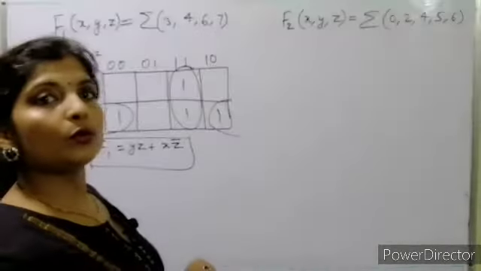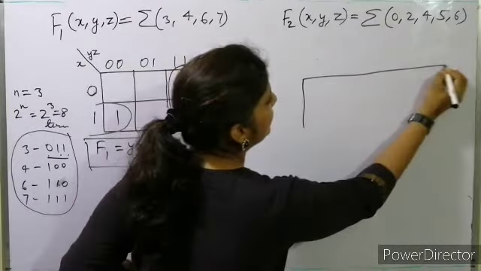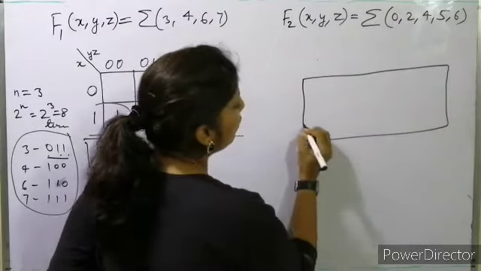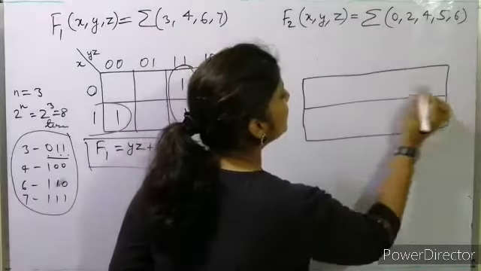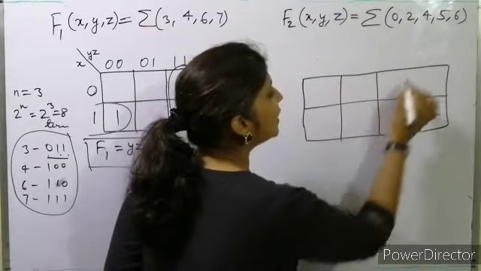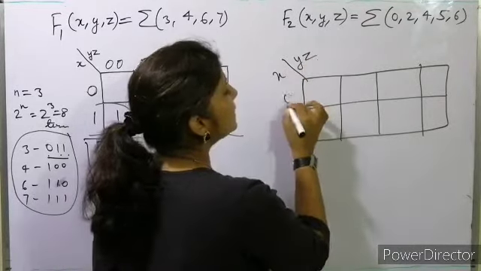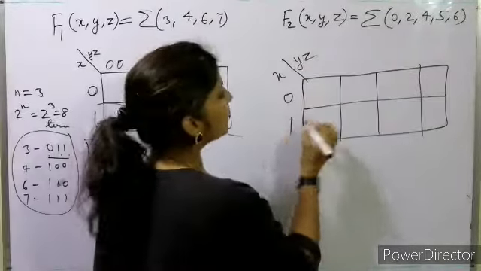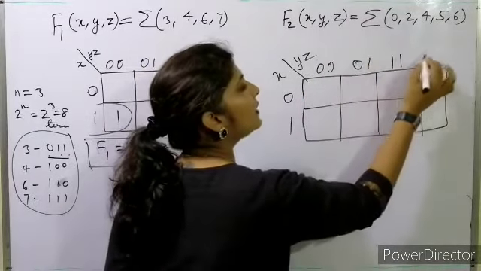Okay, now we'll do for f2 the same thing. Same boxes, 3 variables are there, so there will be 8 boxes because 8 terms will be there. So 8 boxes हमने किया, and x y z, this is x के लिए 0 1 and y z के लिए 0 0, 0 1, 1 1, 1 0.